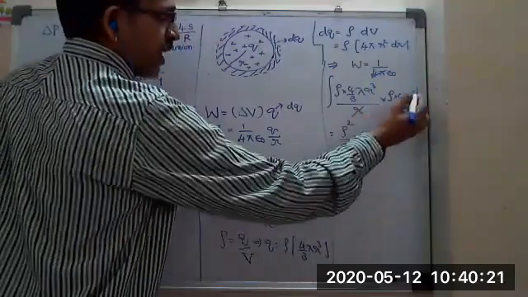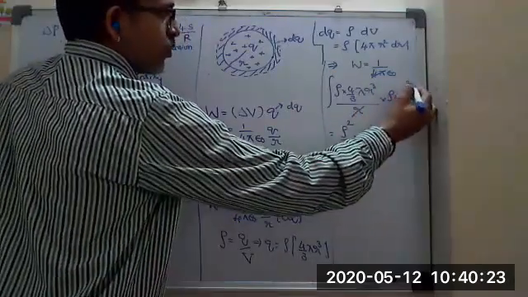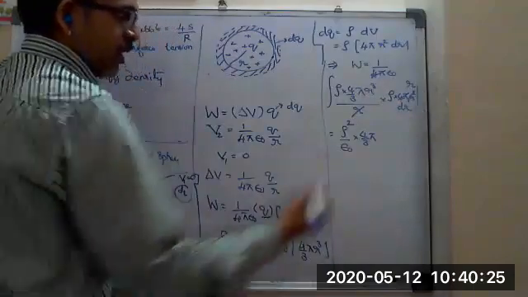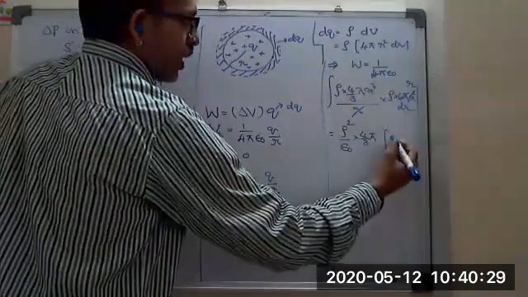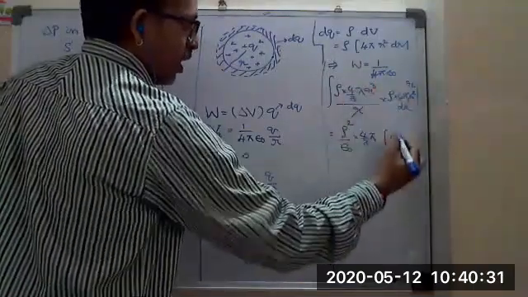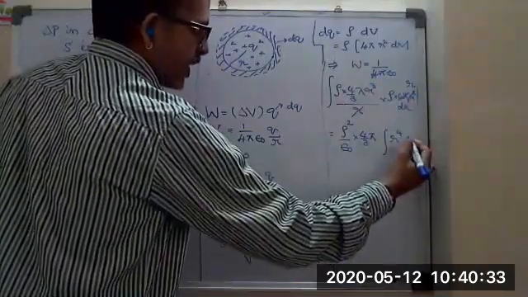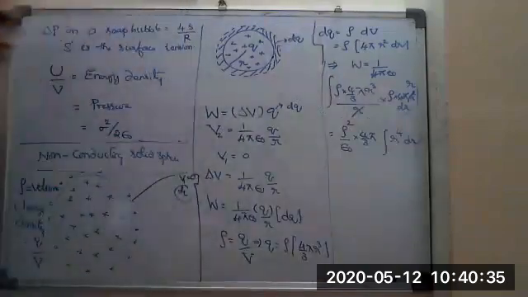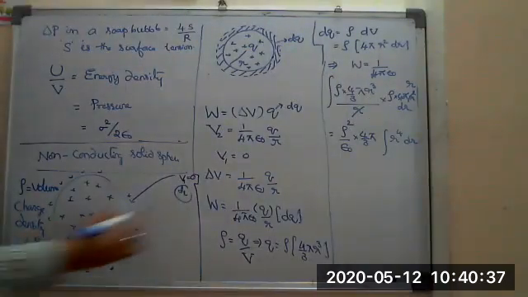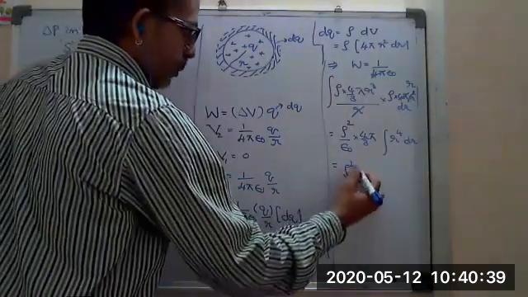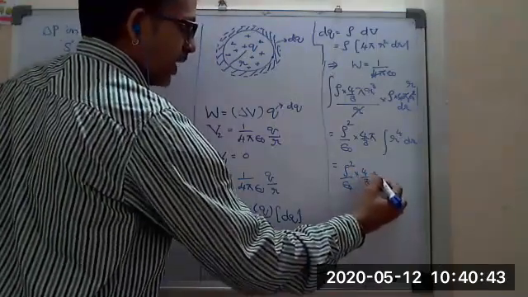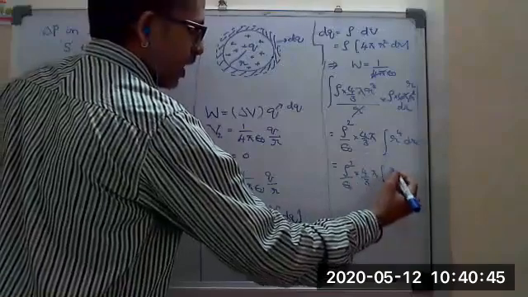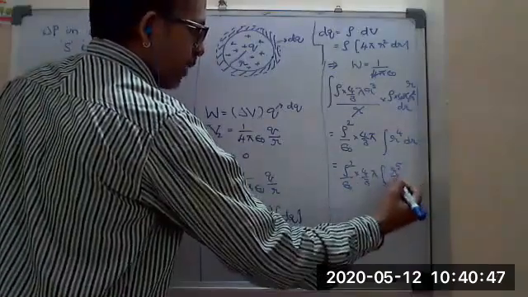And here cancel r square means you will get 1 r there, into integral of, all together you are getting r power 3 and r is r power 4 dr. Then look at here. This is rho square by epsilon naught into 4 by 3 pi into the integration of r power 5 by 5.